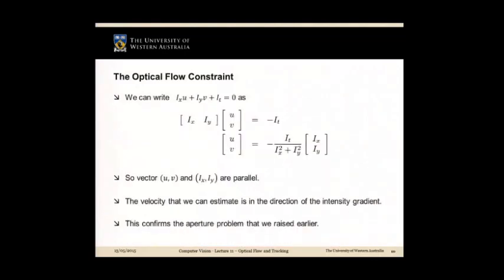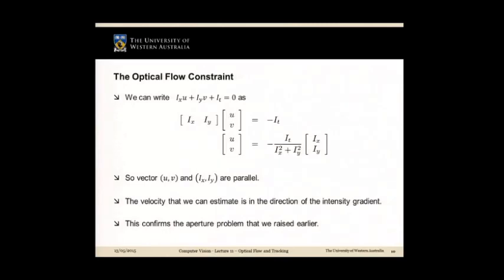Now, this equation can be written in the matrix form. With a little manipulation, you can write it in the matrix form, and with a little more shifting and manipulation, you'll get this particular equation.